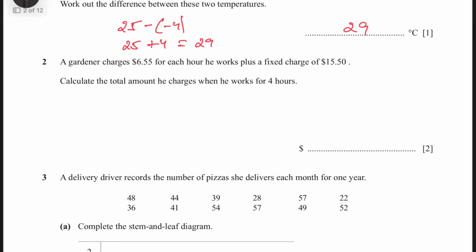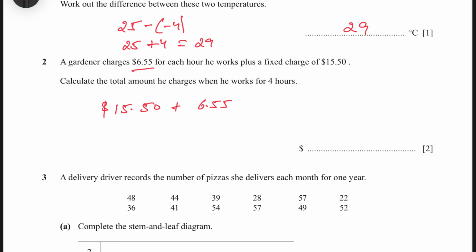Okay. Question 2. A gardener charges $6.55 for each hour he works plus a fixed charge of $15.50. Calculate the total amount he charges if he works for 4 hours. So first of all, the fixed charge is $15.50. And the per hour charge is $6.55 for each hour he works.